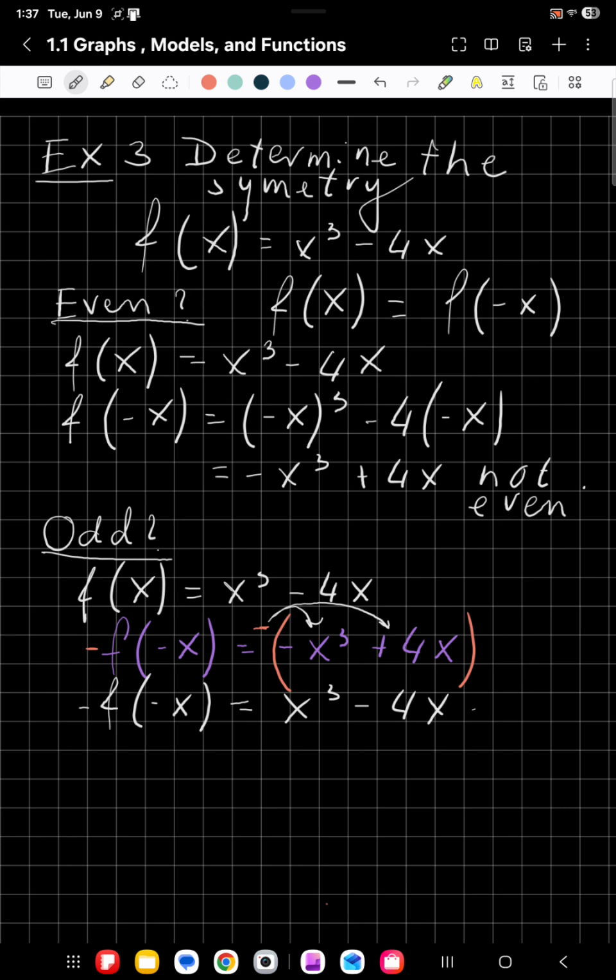Okay, so I check it against the original and we can see that they're the same. So we confirmed, or showed, that the function is odd, right? So it's symmetrical with respect to the origin. Okay, so let's write it. The function is odd. Right, so symmetry with respect to origin.